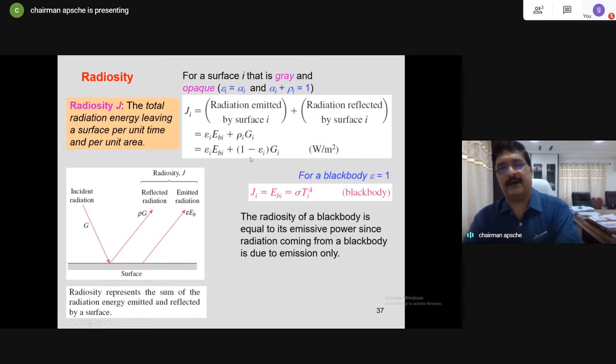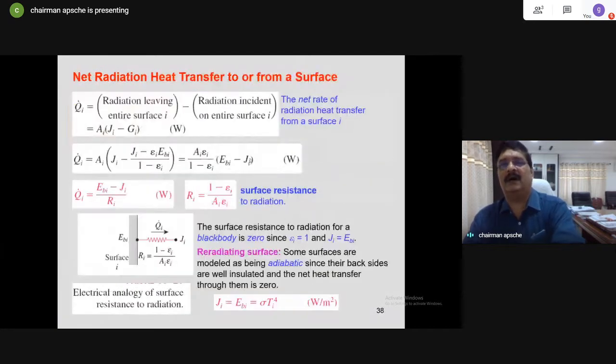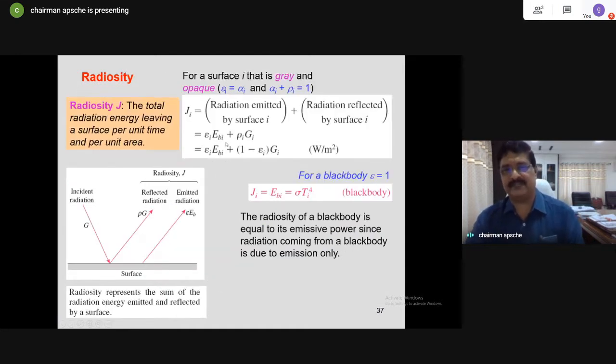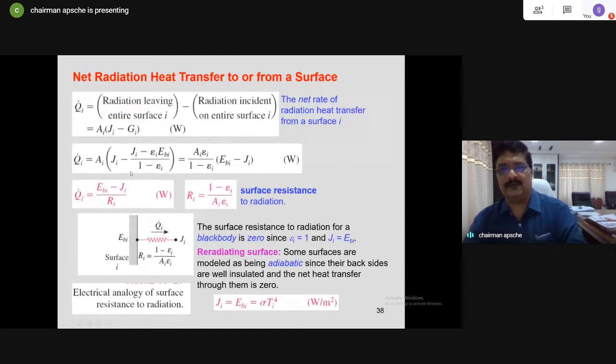So now, the net radiation heat transfer across the surface: the equation we wrote for how much comes in and how much goes out. For Gi, from this equation we substituted and simplified. Finally I got it in this form, an Ohm's law form.